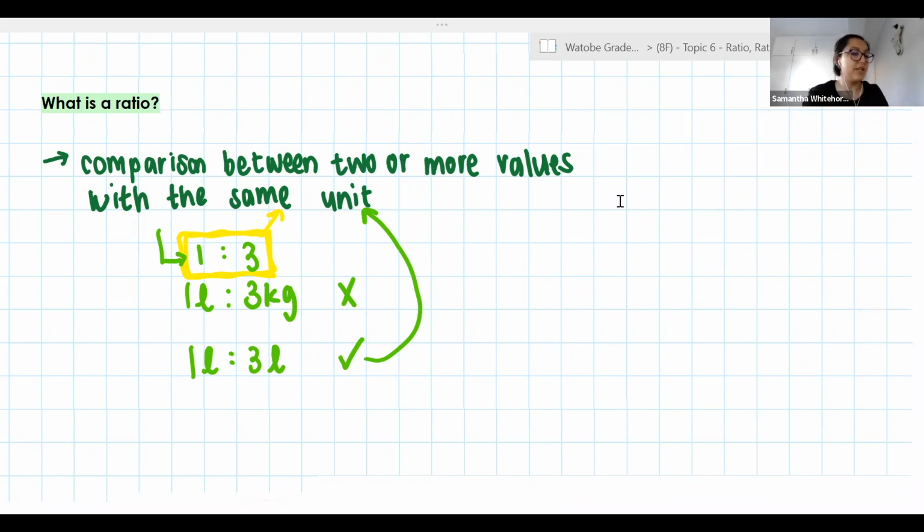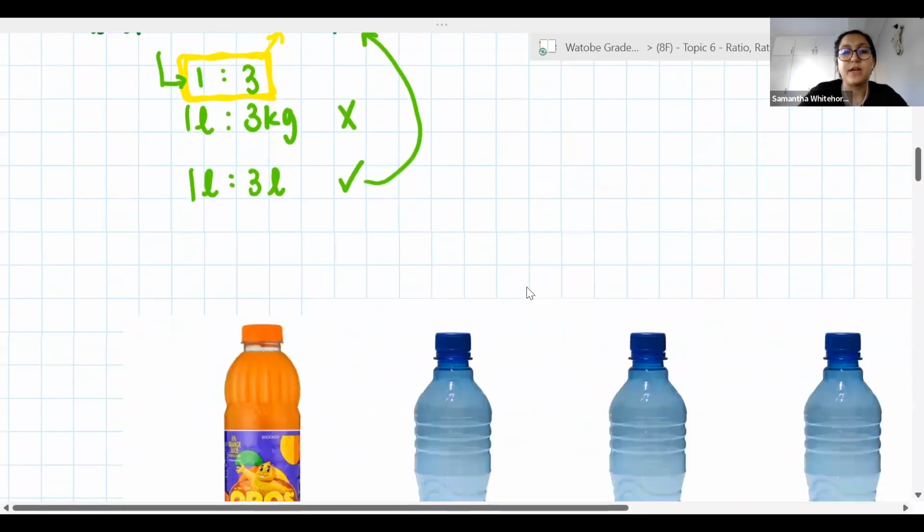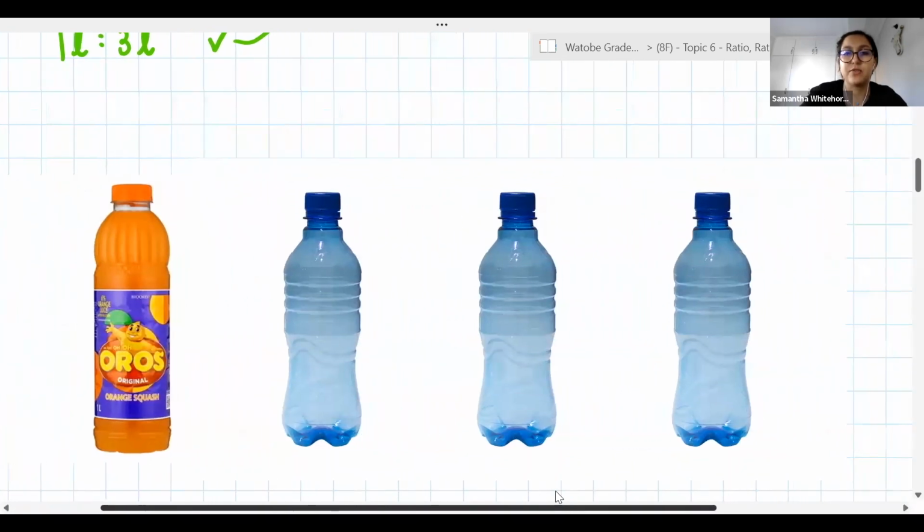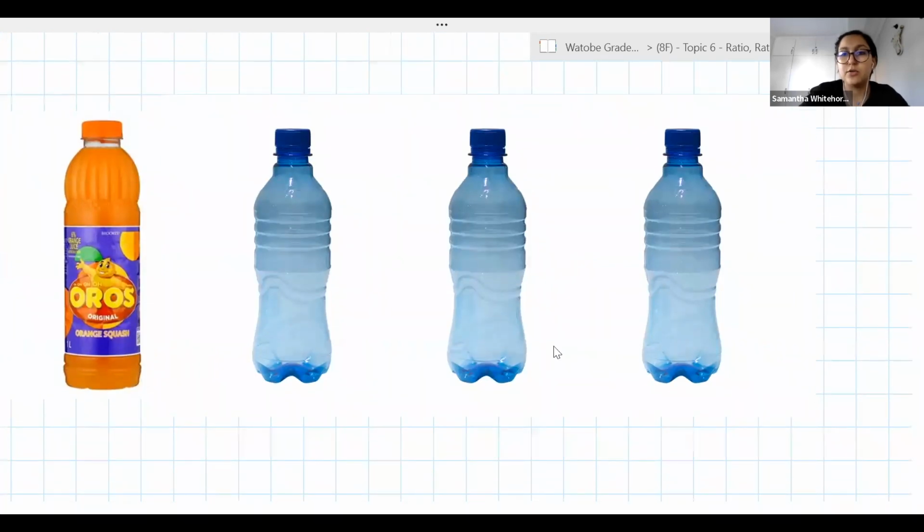So a ratio is the comparison between two or more values with the same unit. We are comparing values. Right, so just as a visual representation of ratio, I don't know how many of you drink Oros, but Oros's mixing instructions is exactly the ratio Philip's given us, 1:3.